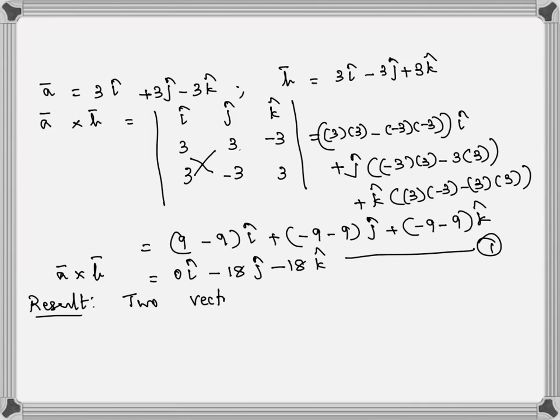So two vectors, let's say C and D, are orthogonal if their dot product C dot D equals 0. In order to do the dot product, you multiply the corresponding components and add. In this case, it is C1D1 plus C2D2 plus C3D3 equal to 0. That is what we have to show.